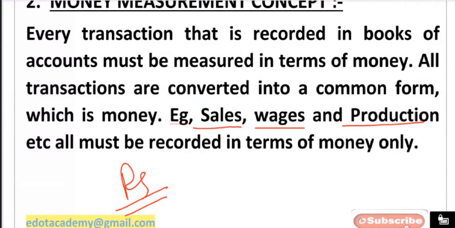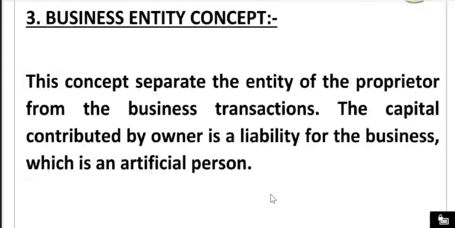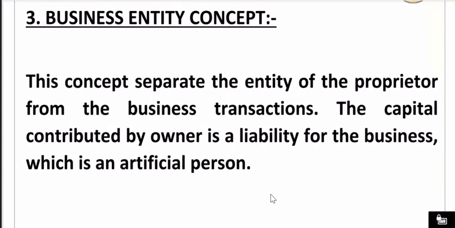Moving ahead, the next concept is the business entity concept. What is the meaning of the business entity concept? It means the business is separate from its proprietor. Individual and business will not be mixed. Whatever business you are doing is always considered as one entity.